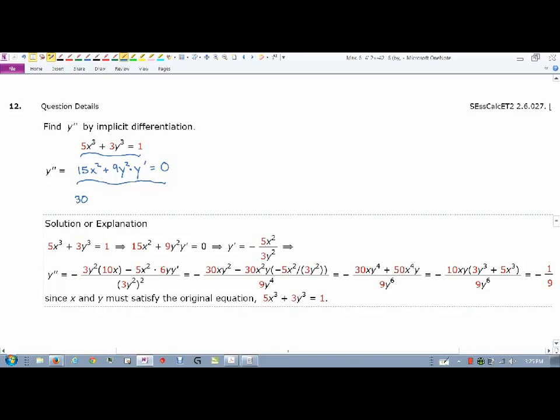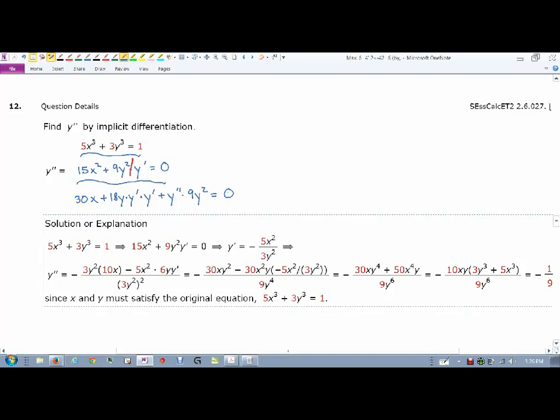So this is 30x plus, now here we have product rule. The derivative of 9y squared is 18y times y prime, then times the other one, y prime, plus the derivative of y prime, which is y double prime, times the first one, which was 9y squared.